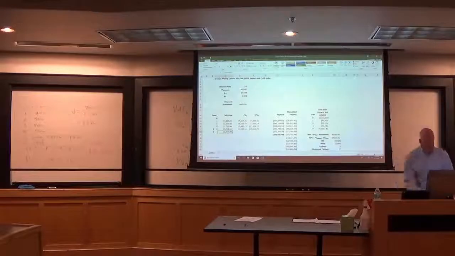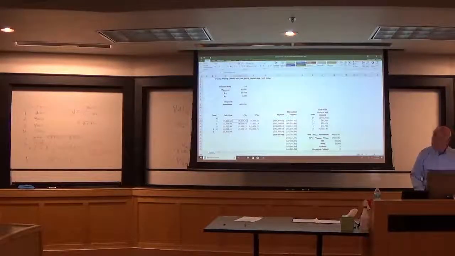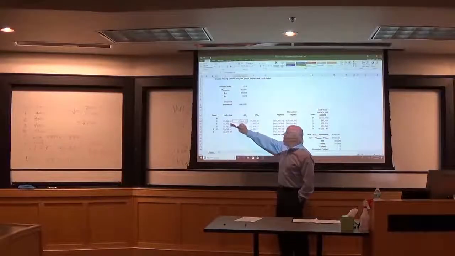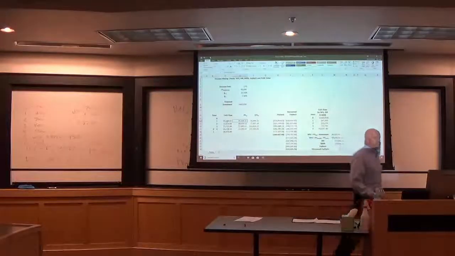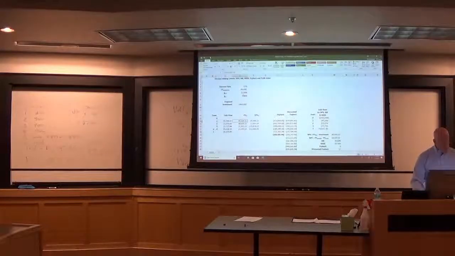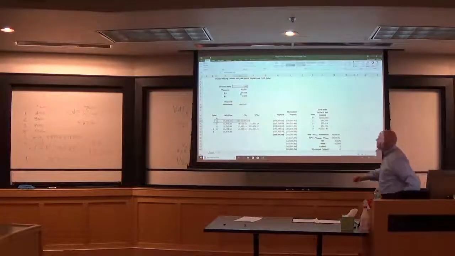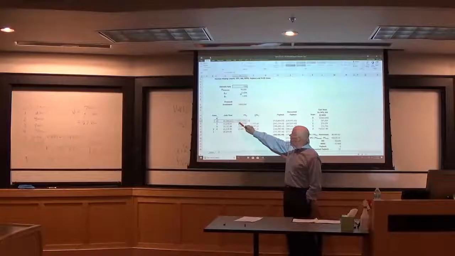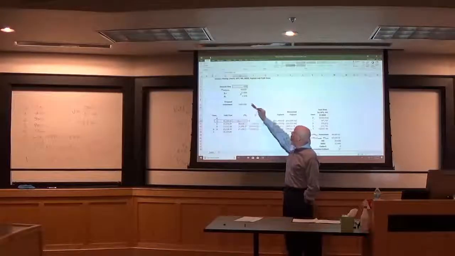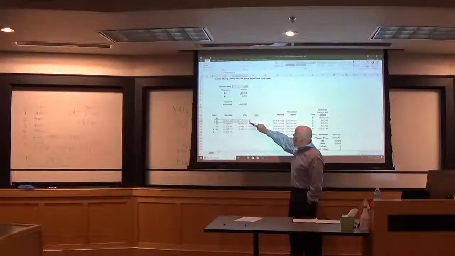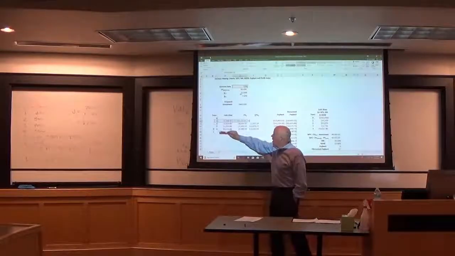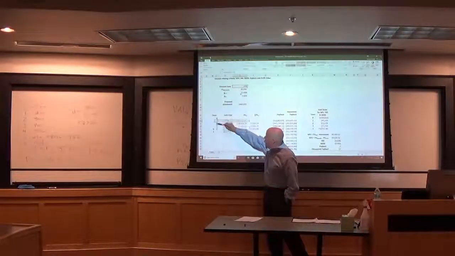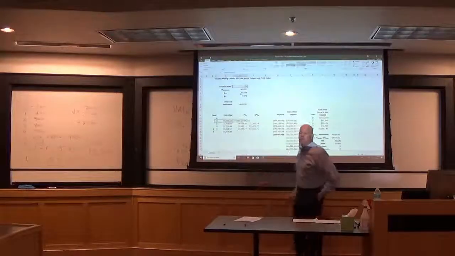In the next column, I have the present value of these cash flows. So you'll see in that cell that I take the cash flow and then I divide it by 1 plus my discount rate to the T. And every time I'm not putting the T in here, I'm just telling it, come over here and find the T. So it's a model.